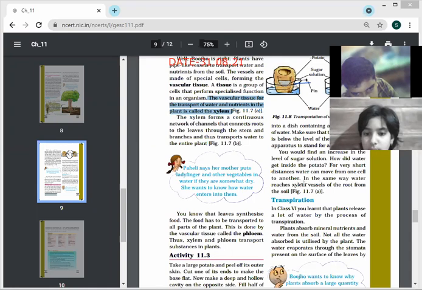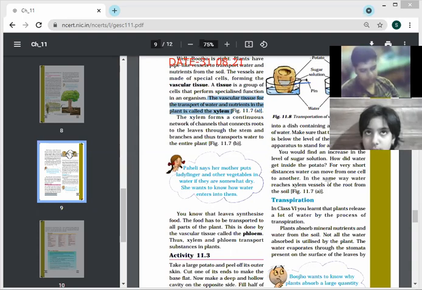Yes. Ma'am, as the vascular tissues do their function. So children, you know that there are cells present inside the potatoes and they are connected with one another. So the water moves inside by the process of osmosis. So I will tell you what this osmosis process is.